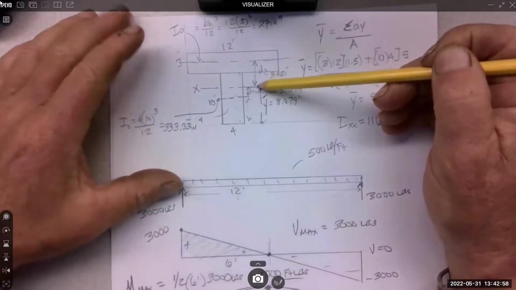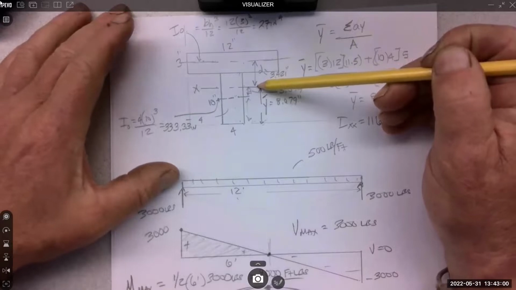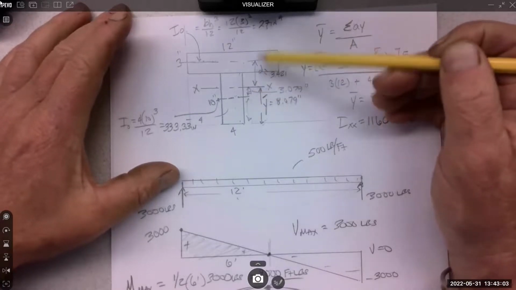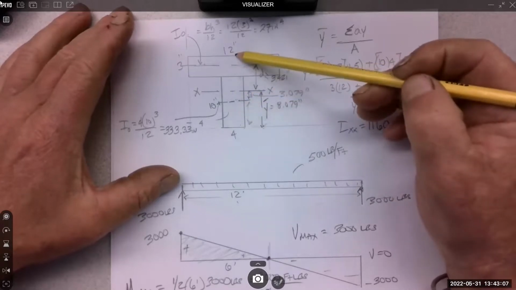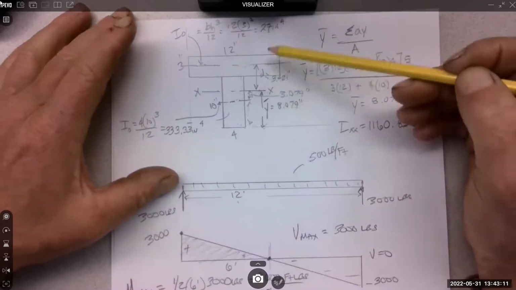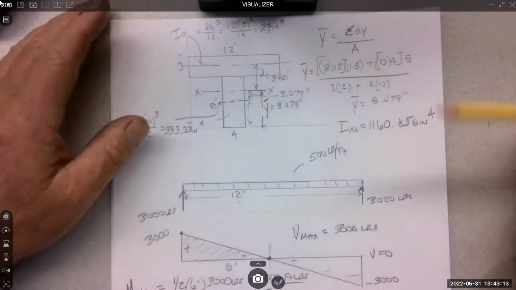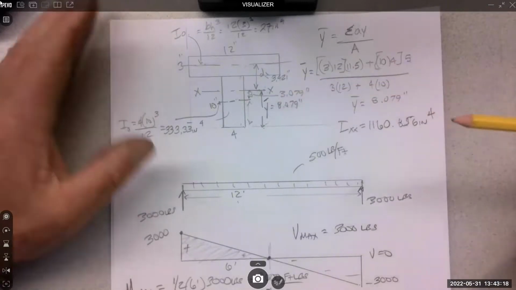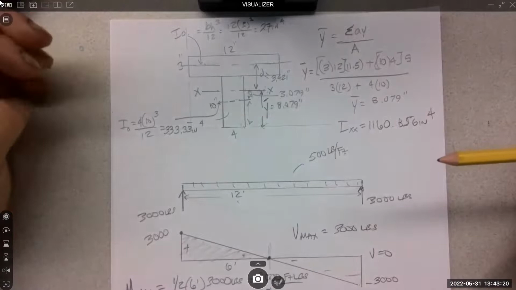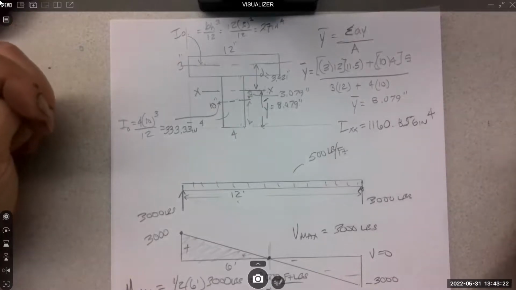So you got to figure out what that one is to see which one's the biggest. The way I do that is I know the overall height is 13, so then I take that away from it to see what that upper one is. Yeah, so it's much smaller than the 8.079. That's right. You want to use the greatest C value.